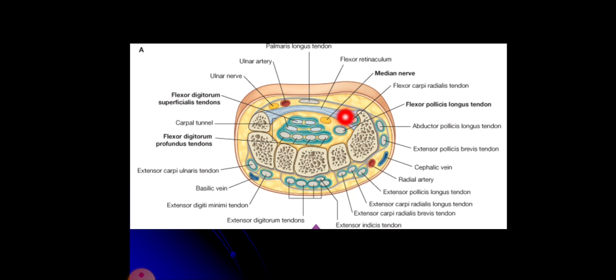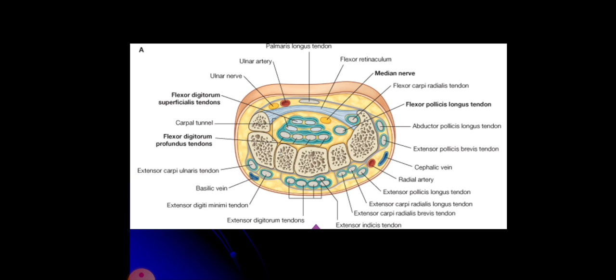This is the carpal tunnel, which provides passage for the tendons of flexor digitorum profundus and flexor digitorum superficialis, flexor pollicis longus, and the median nerve. This median nerve may be compressed here and give rise to carpal tunnel syndrome, pain in the hand.